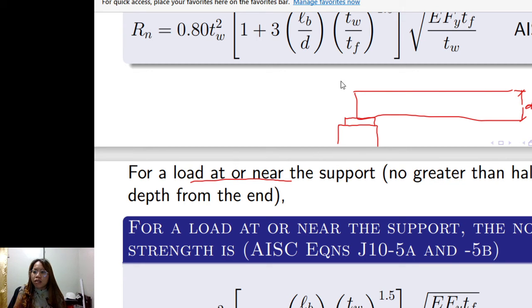So a load here, or a load in here, is considered a load at or near the support.